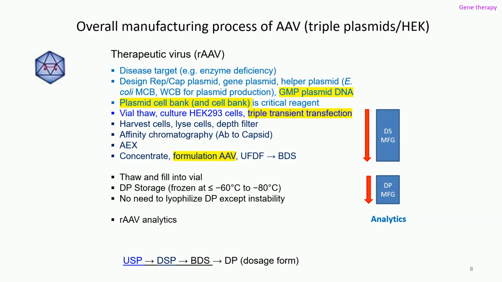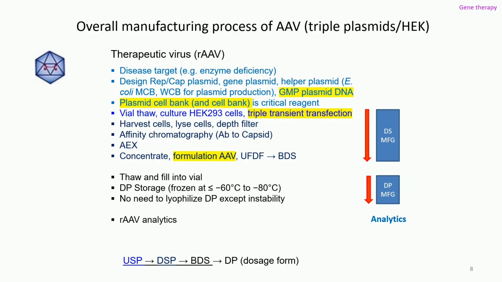For the AAV, again, you have to do some homework before you manufacture. So you have the viral gene in the vector, and you have the AAV helper genes. These three things are called triple transfection into the 293 cells, and then you have to do manufacturing. And this is a very quick summary of the AAV.